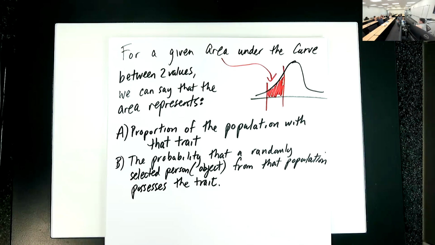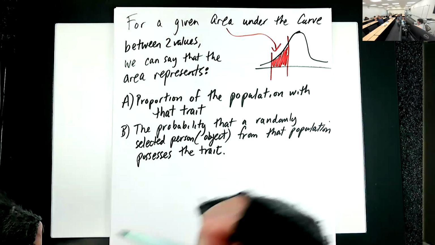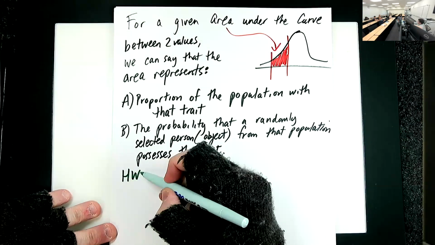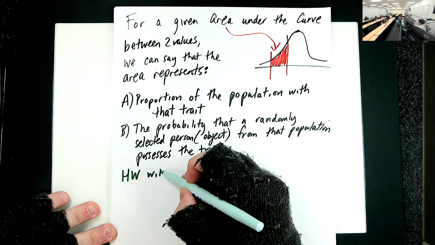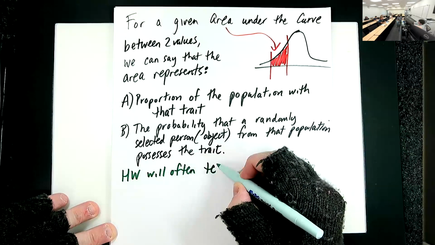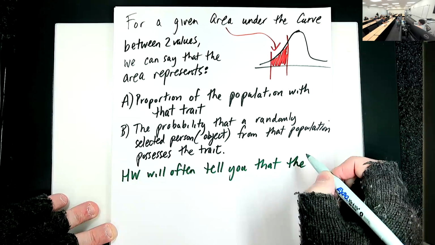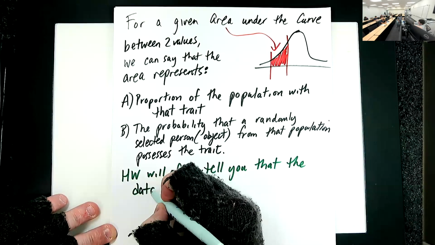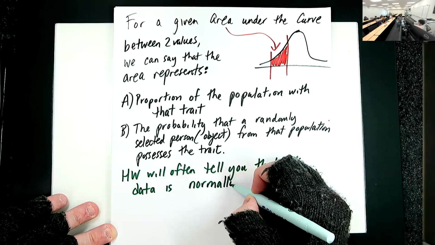All right, everyone ready? I see the pencil stop. Okay, so it's good to know that the homework will often tell you, and even on the midterm, that the data is normally distributed.